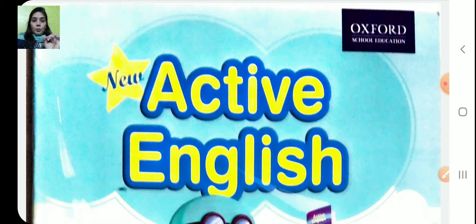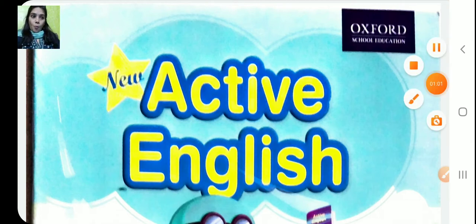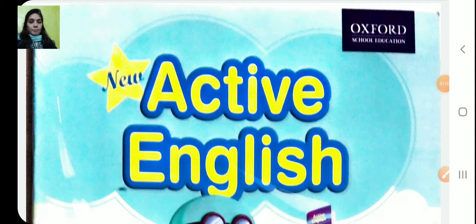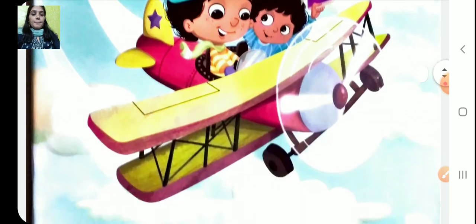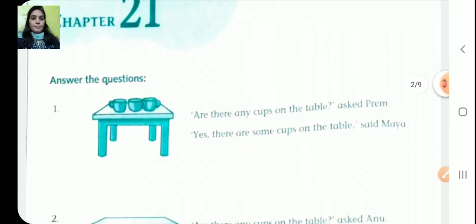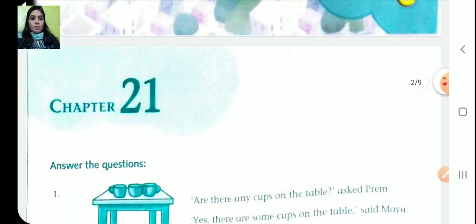So directly we will learn chapter 21 now. Open the page of chapter 21, page number 46. So this is your chapter 21.